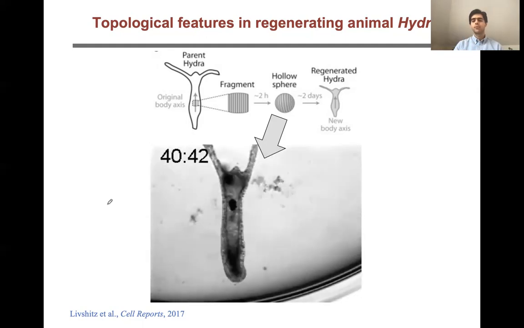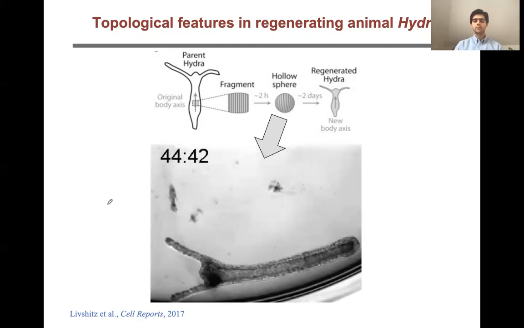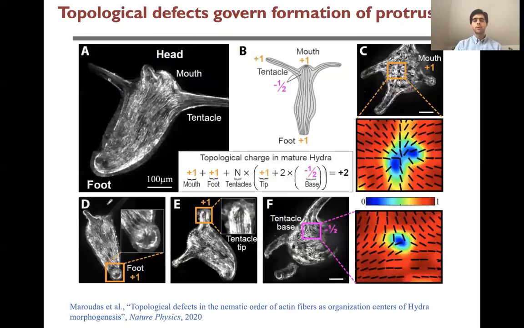It shows the morphogenesis of this animal. More importantly, in recent work, Kinneret Keren's group mapped the orientation of the actin filaments on the surface of the animal and found that the tentacles form at the positions of +½ defects, which then move on and form +1.